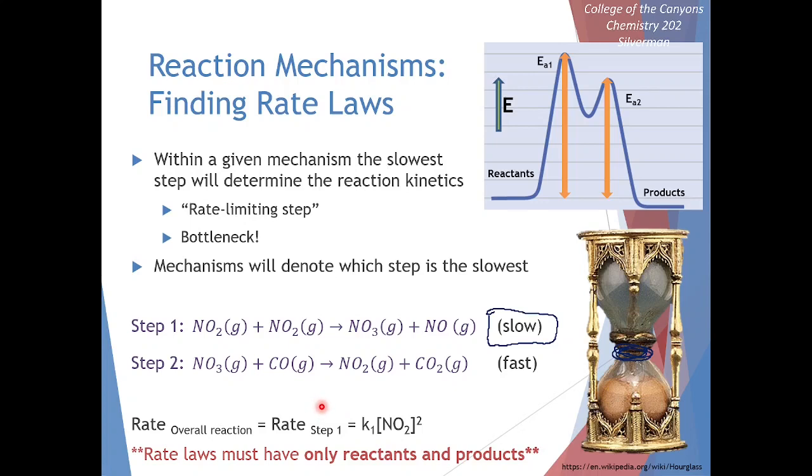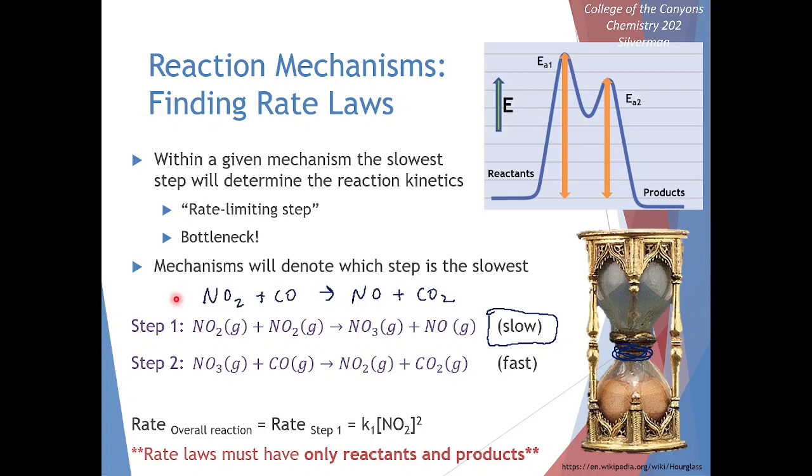And conveniently, since that is an elementary step, we know the rate law for that step. The rate law for step 1 is equal to our rate constant times our concentration, in this case, squared.